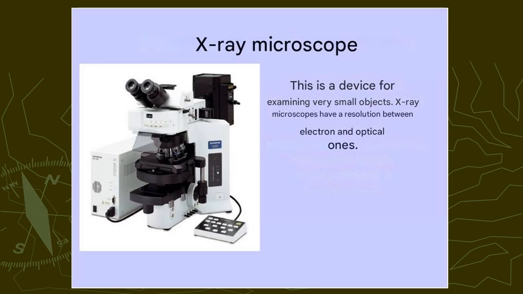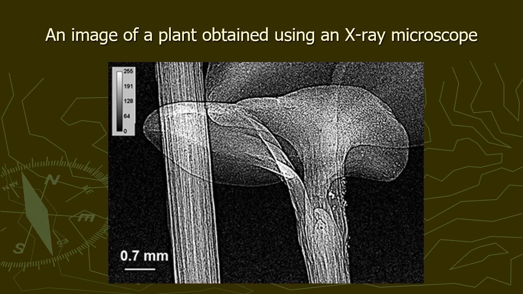And then there is illumination again, the photosensor is fixed. Here we have shown a photosensor that captures those rays that have passed through the object. Here we have an image of a plant that was obtained using an X-ray microscope.